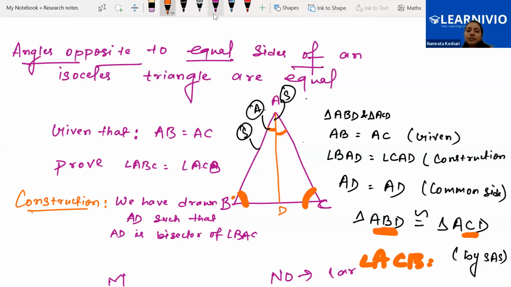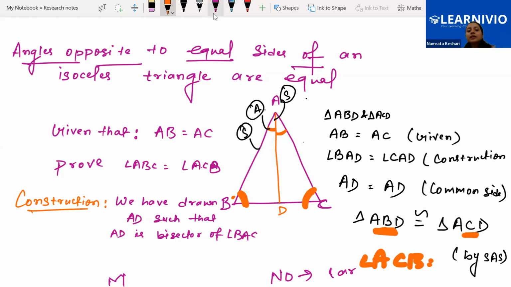Okay, so this is how, whenever we have to prove in an isosceles triangle that if sides are same, angles will also be same, this is how we will approach it. This is just one of the ways of doing it. There are so many ways, like let's drop a perpendicular. AD is working like a perpendicular, 90 degrees over here, 90 degrees over there.